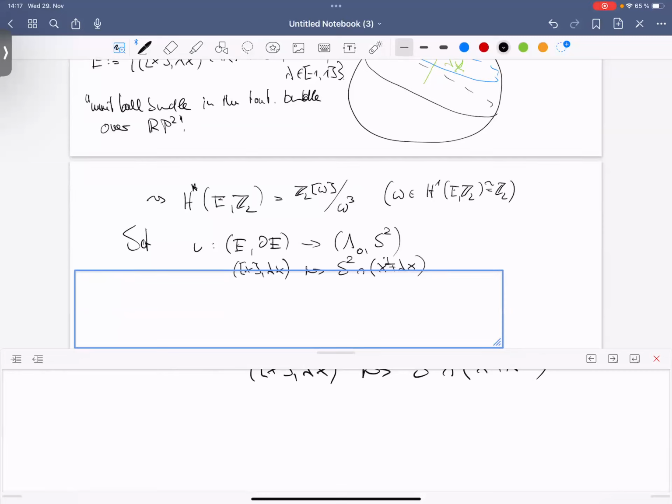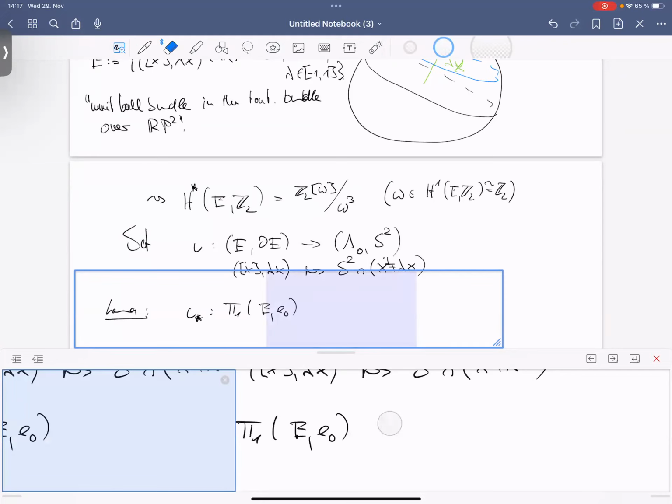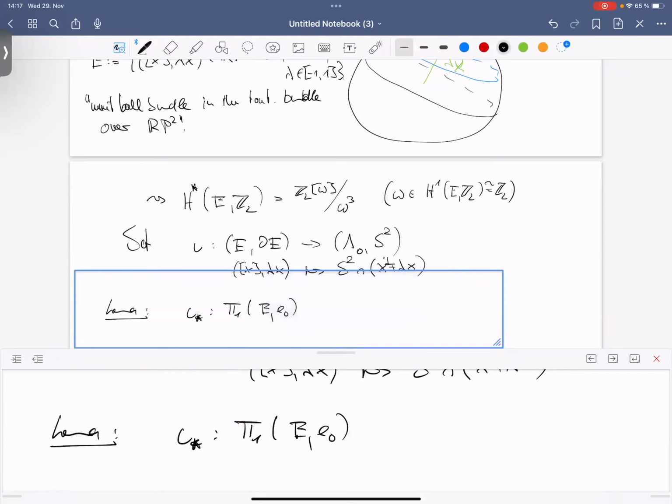Okay, and the dilemma is here that the induced map on the fundamental group is injective into the fundamental group of lambda 0.